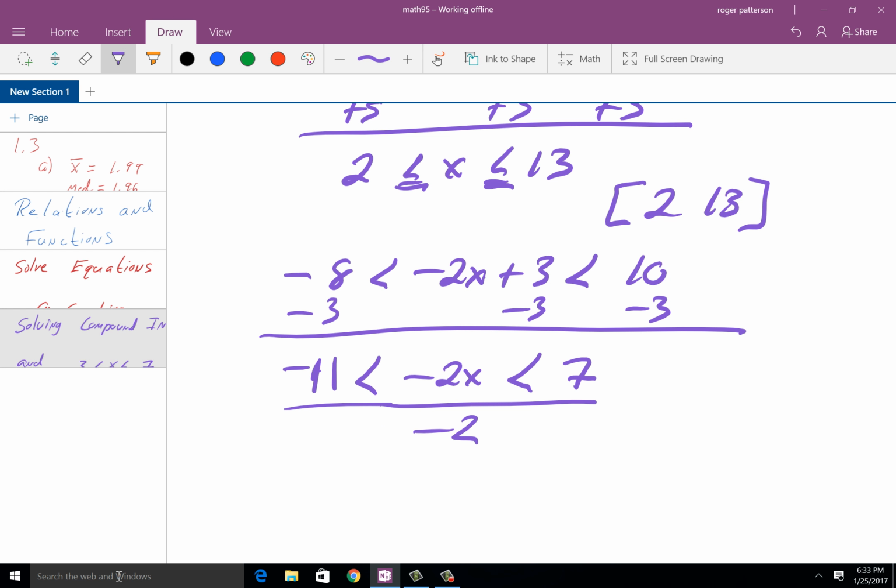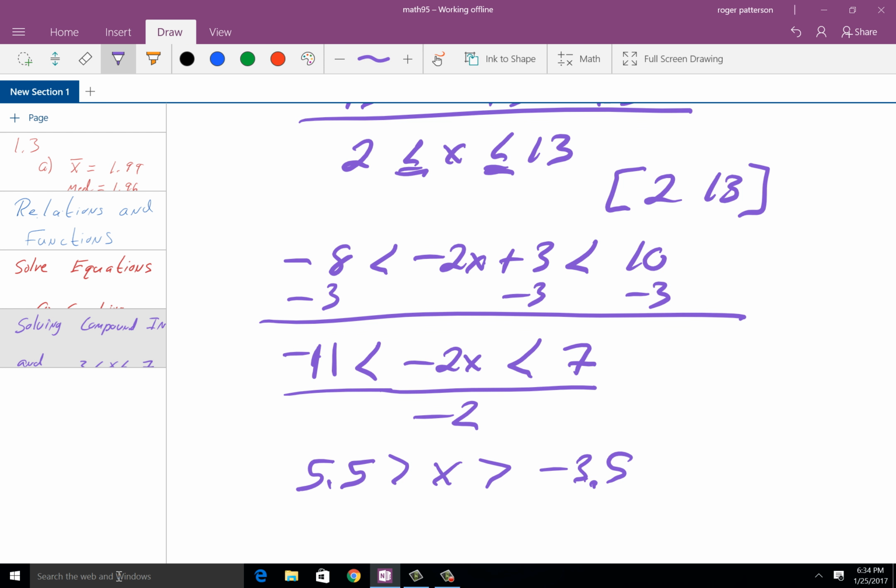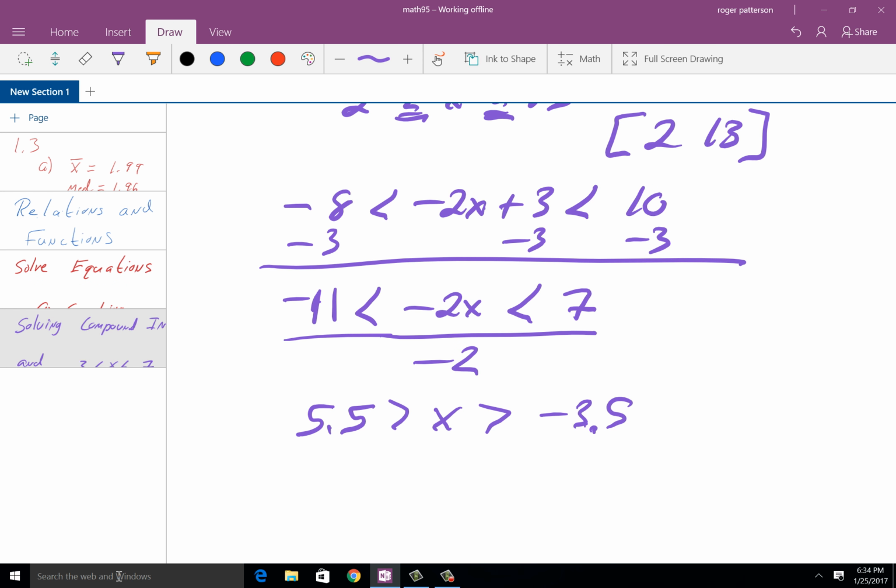Okay, so we'll divide this. The 11 divided by -2, so that's going to be -5.5, correct? And 7 divided by -2 is -3.5. Now, we divided by a negative, so what's going to happen? Yeah, so these signs will flip like that. Now, I will say this, though.